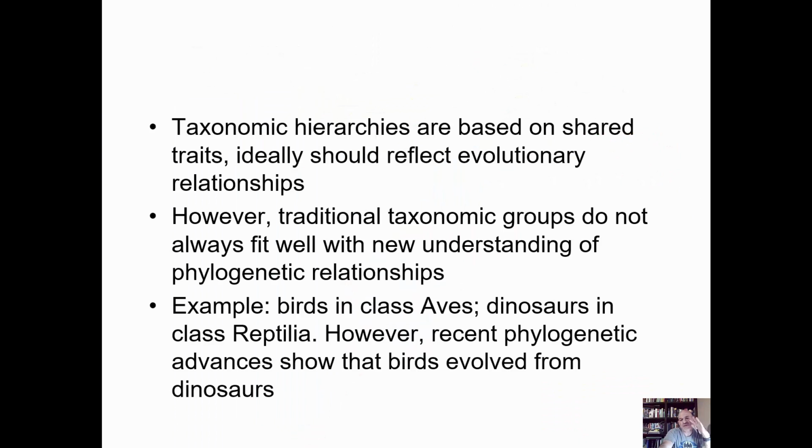So our ideal situation when we're classifying is that our classification scheme actually fits their evolutionary relationships. However, that's not always the case, okay? Especially when this classification first started out. Now, naturalists have been classifying organisms for well over 200 years, okay?